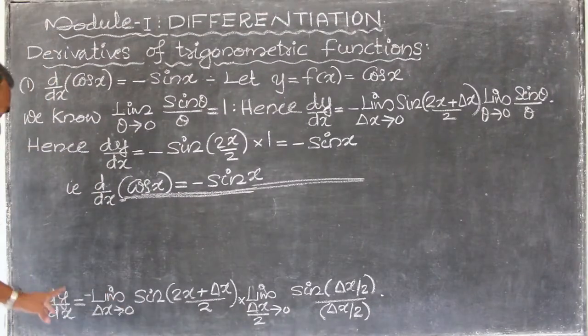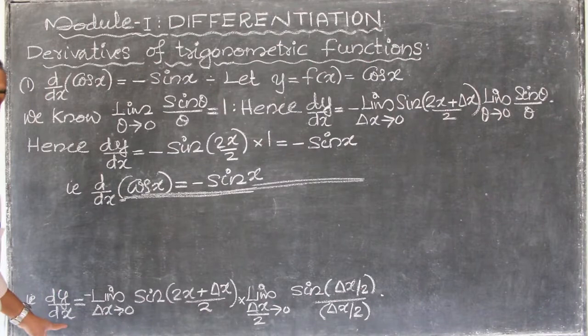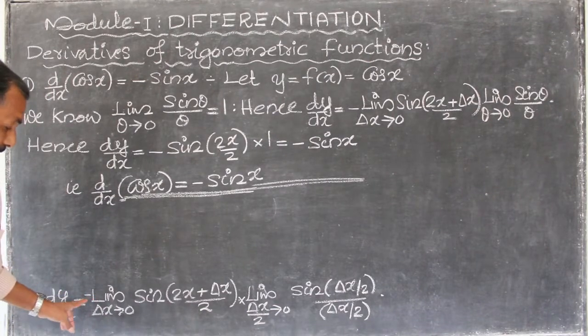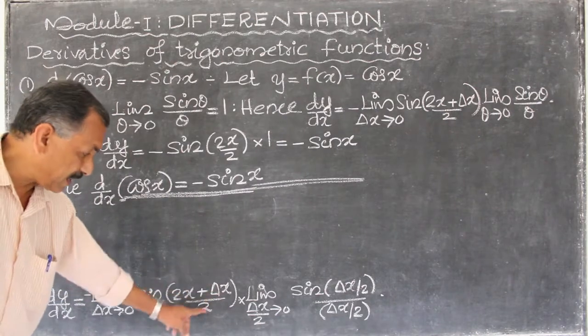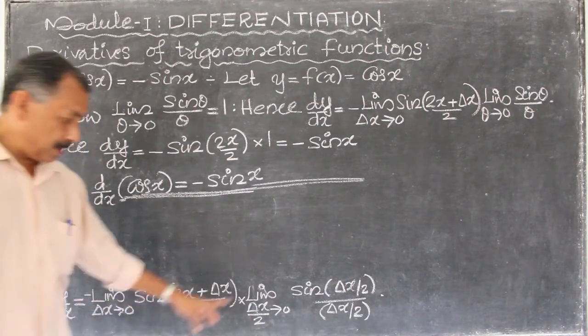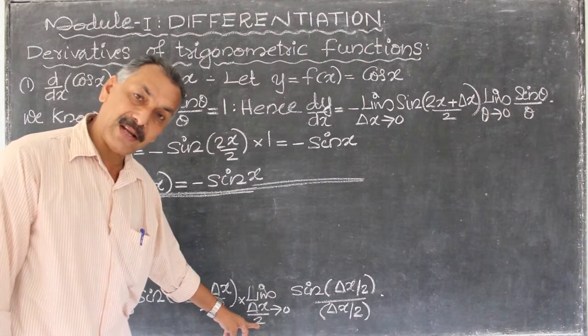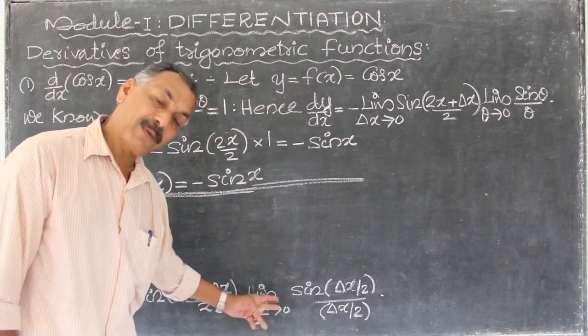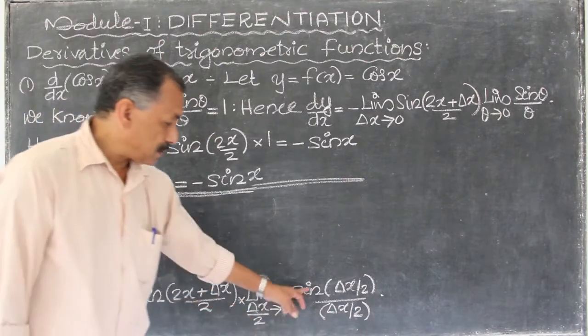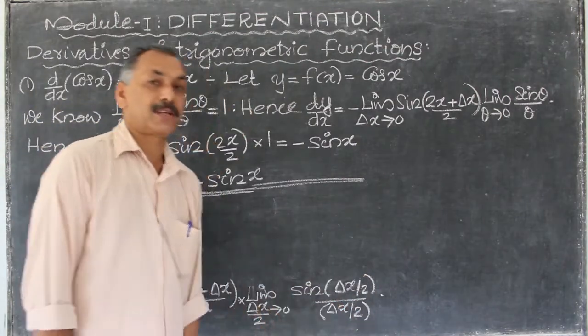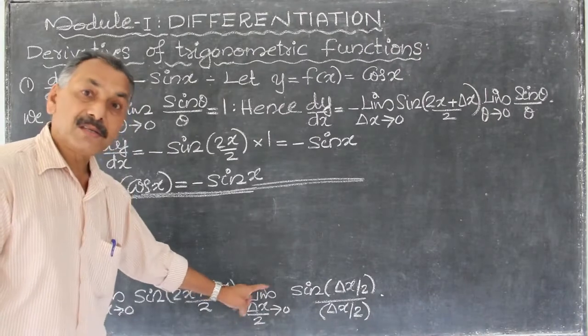Listen, that is the continuation. dy by dx is equal to minus limit delta x tends to 0 of sin of (2x plus delta x by 2) into limit delta x tends to 0. If delta x tends to 0, then delta x by 2 also tends to 0, and for delta x by 2 tends to 0 we have sin delta x by 2 divided by delta x by 2. What is this? This is the form.